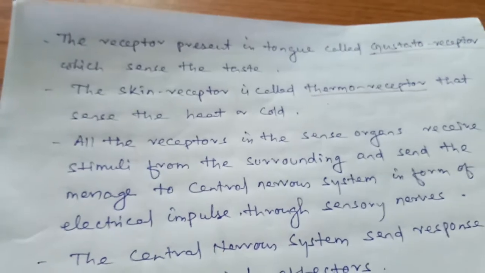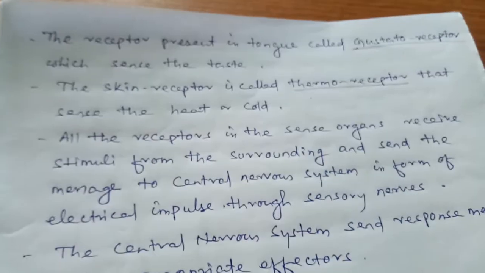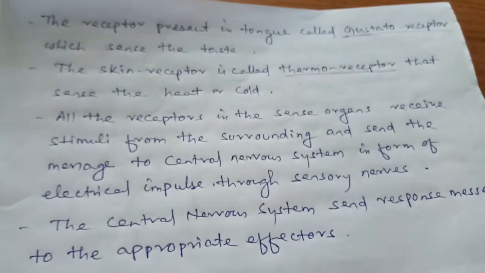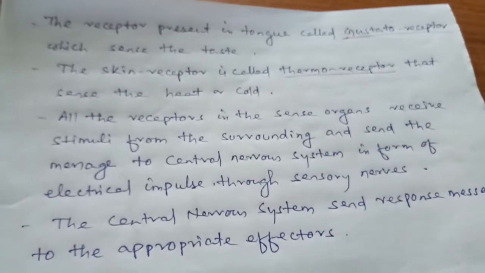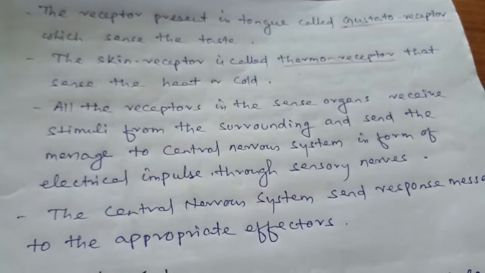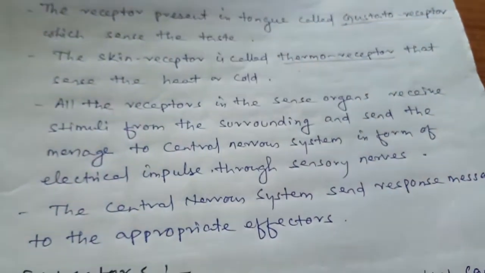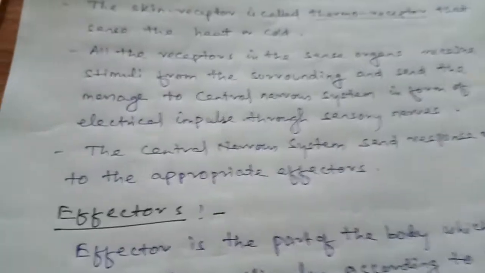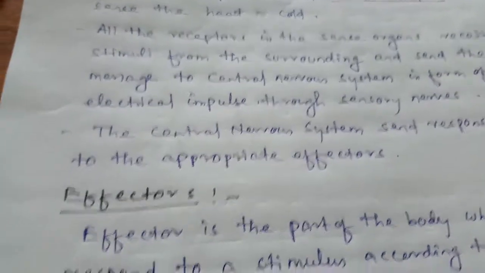All the receptors in sense organs receive the stimuli from the surroundings and send them to the nervous system in the form of electrical impulses through sensory nerves. The central nervous system sends responses to the appropriate effectors.